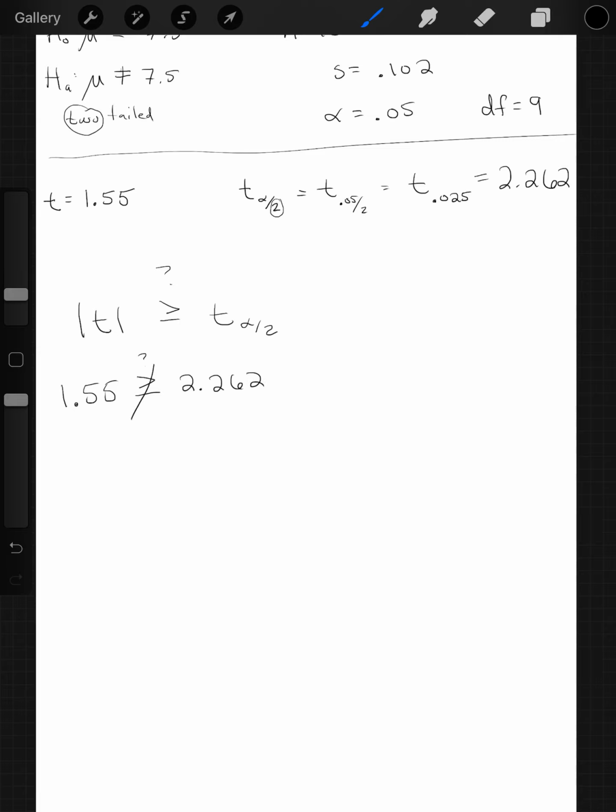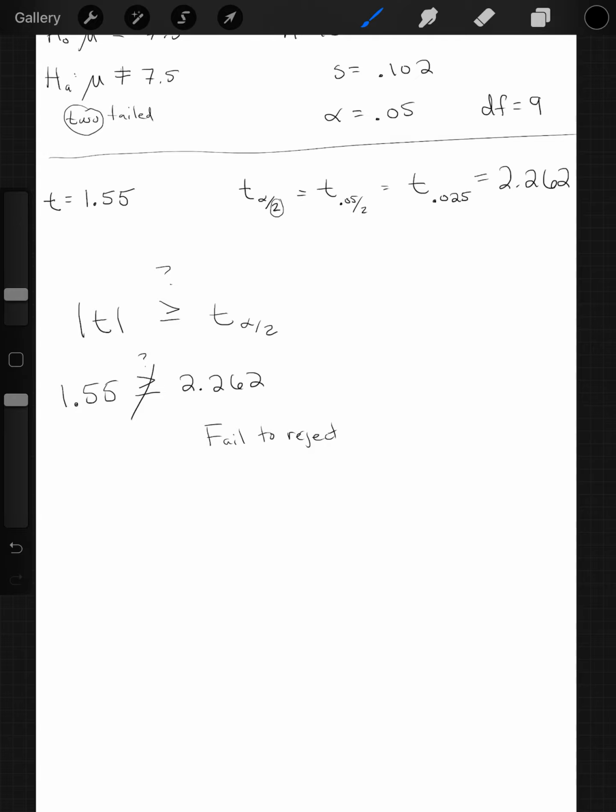It is not. So this tells us that we fail to reject, right? Remember, all of our rules, whether we're doing p-value or rejection regions, always tell us when we're allowed to reject. So when we get to this point where we're plugging things into an inequality, if it turns out to be not true after we plug stuff in, we fail to reject, right?